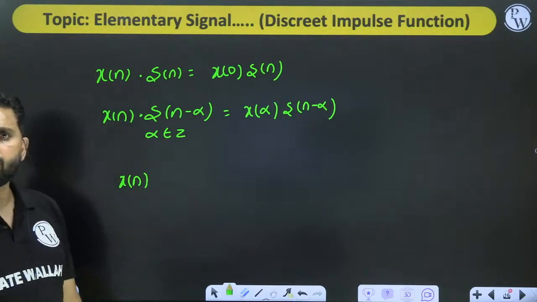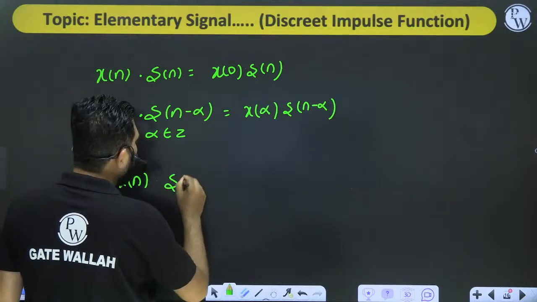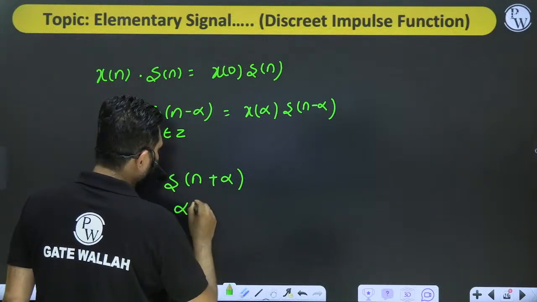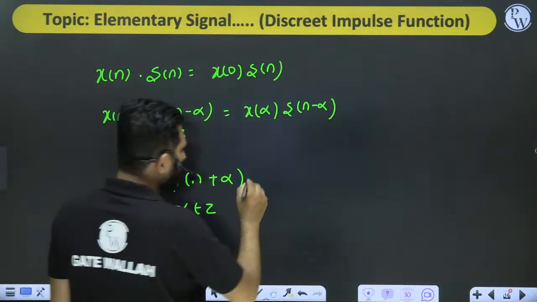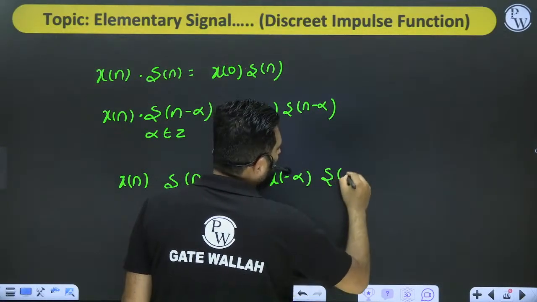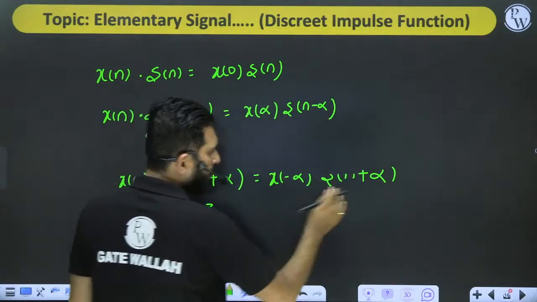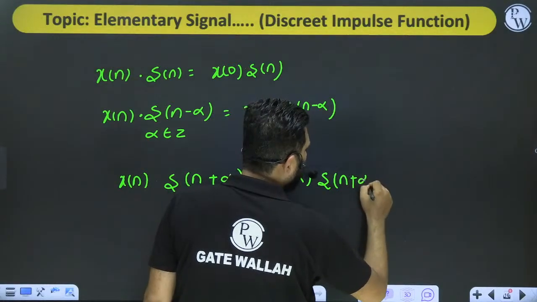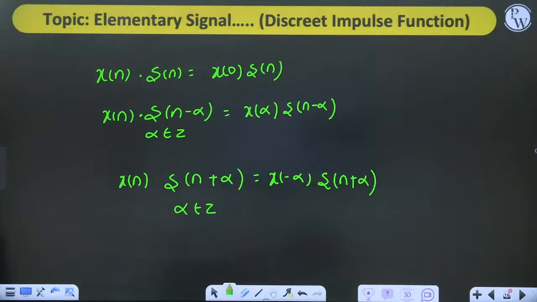Similarly, xn into delta n plus alpha, where alpha belongs to integer, is x minus alpha delta n plus alpha.